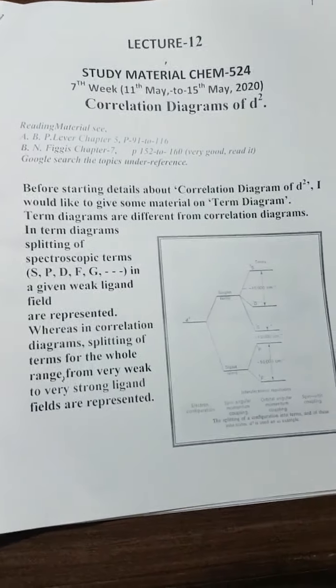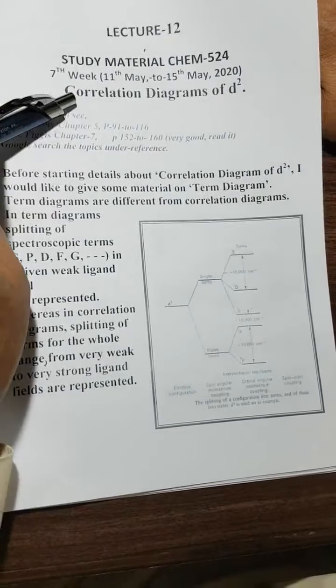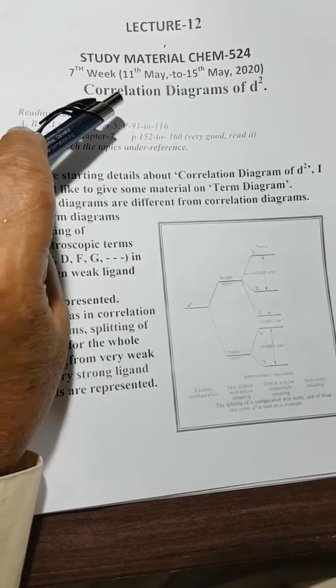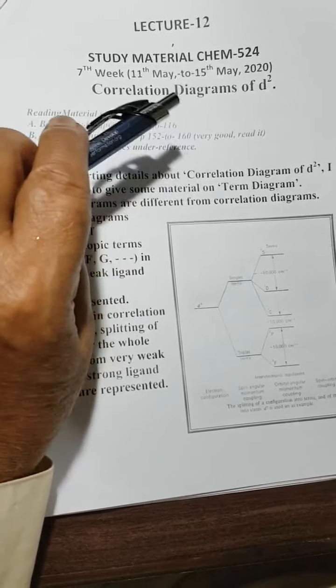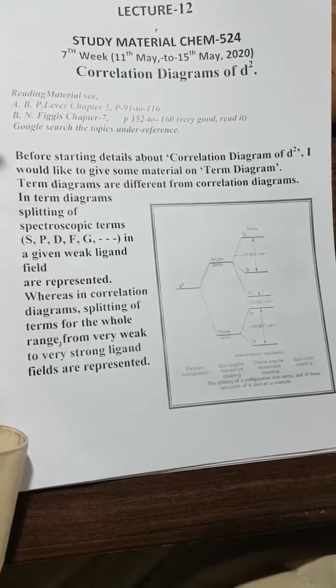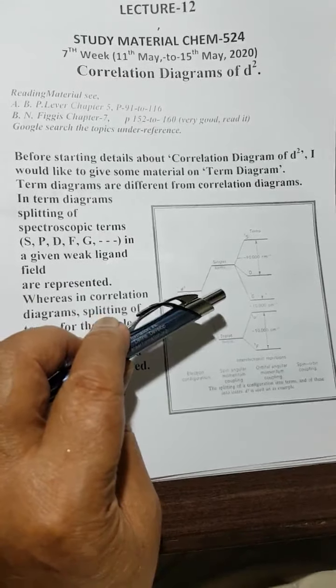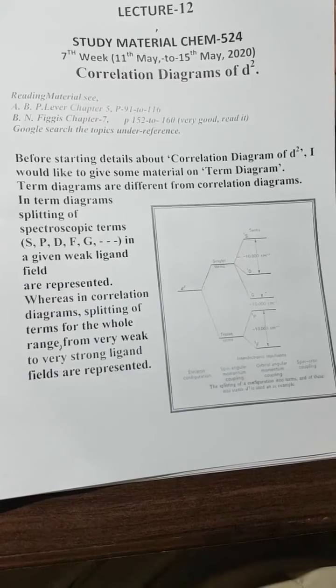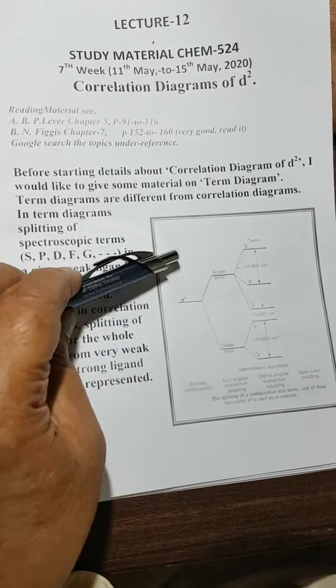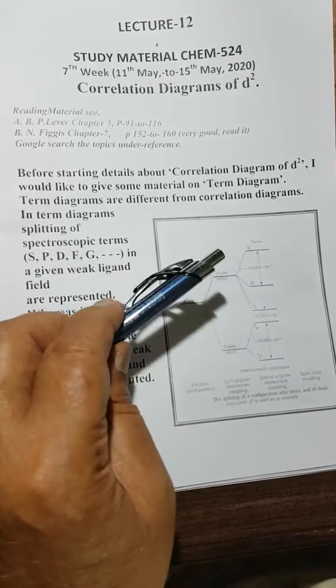As you know, I have discussed in good detail the diagram for the D1 case. D1 is simple, it's one electron. There was a term diagram for that. If you see lecture 11, there is only one transition, and only one band will come.